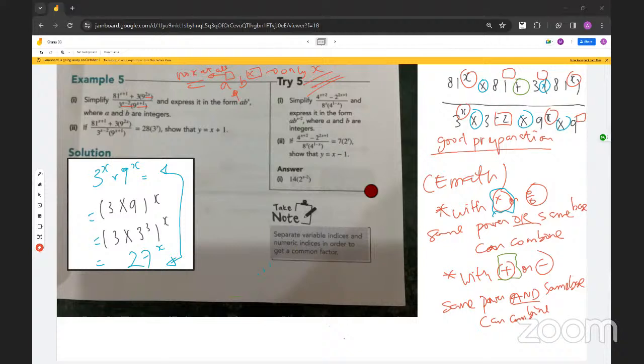So 3 power minus 2 and 9 power 1, correct? Do they have the same power or the same base? No. Then you can be sure that they cannot combine, unless somehow the base or the power changes. Unless you do that, they will never be able to combine. The question is, do you want them to combine? This is an A Math question. You have to have some maturity. Do I want to or do I not?